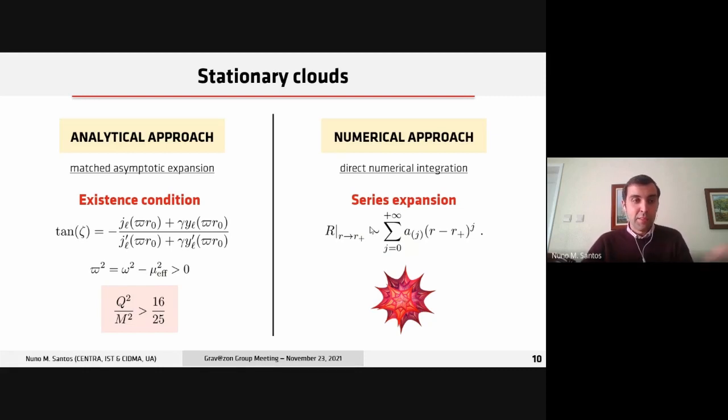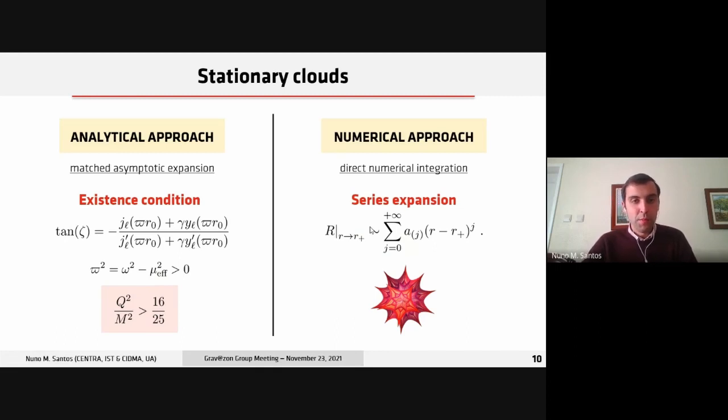And you can show that this condition is only valid when this charge to mass ratio squared is greater than 16 over 25.